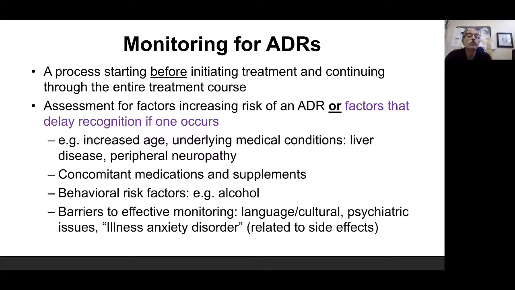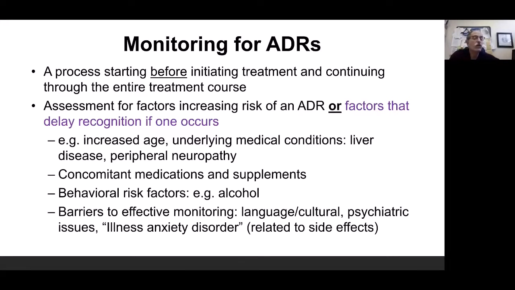But the other aspect of this is: are there any barriers to effective monitoring of an individual who's on medication? Because monitoring includes, in part, the ability of them to tell you what's wrong. Are there language or cultural issues, or psychiatric issues, that interfere with your ability to adequately monitor?